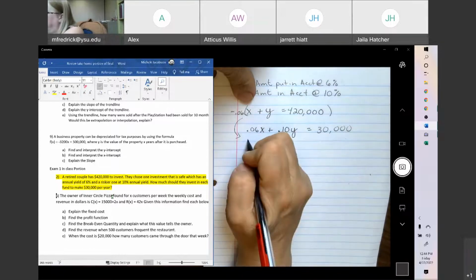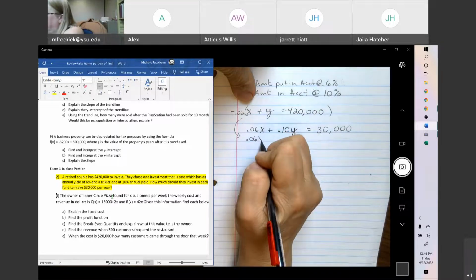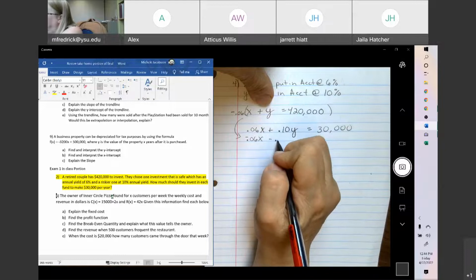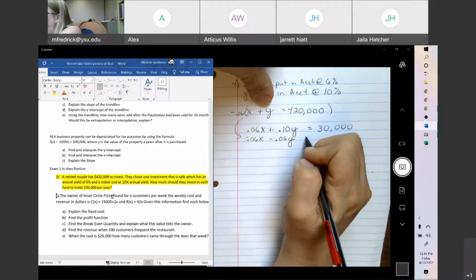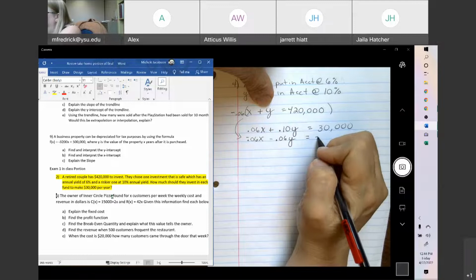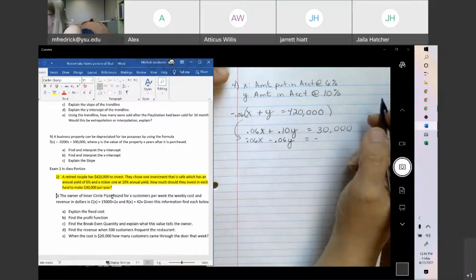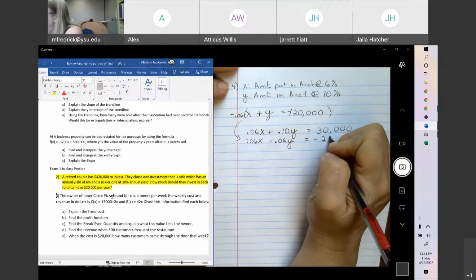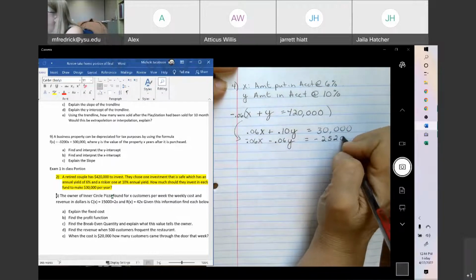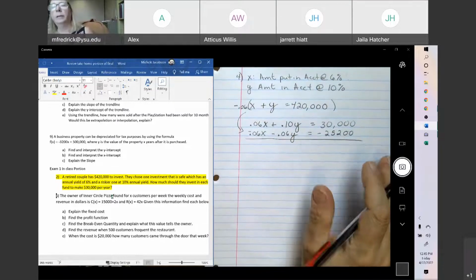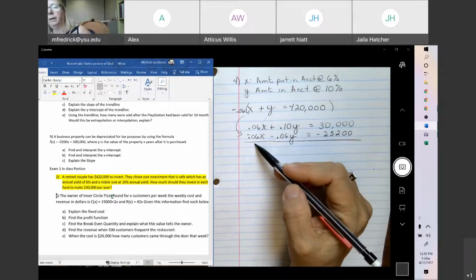So if I multiply, I'd have a negative 0.06x minus 0.06y equal to a negative 25,200. So then when I add those, the x's drop out.